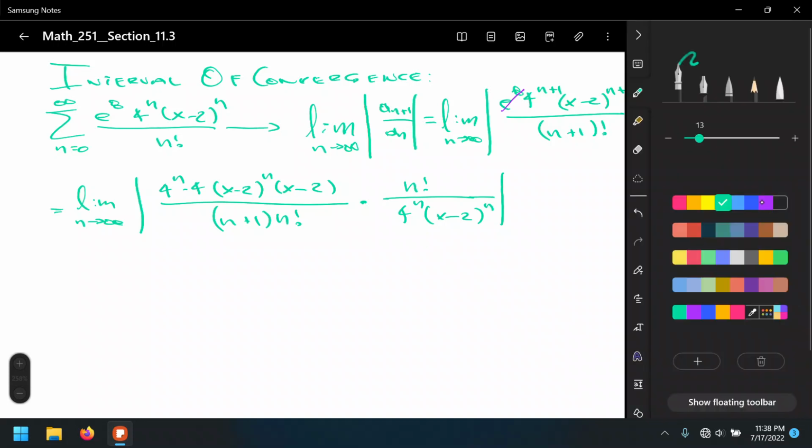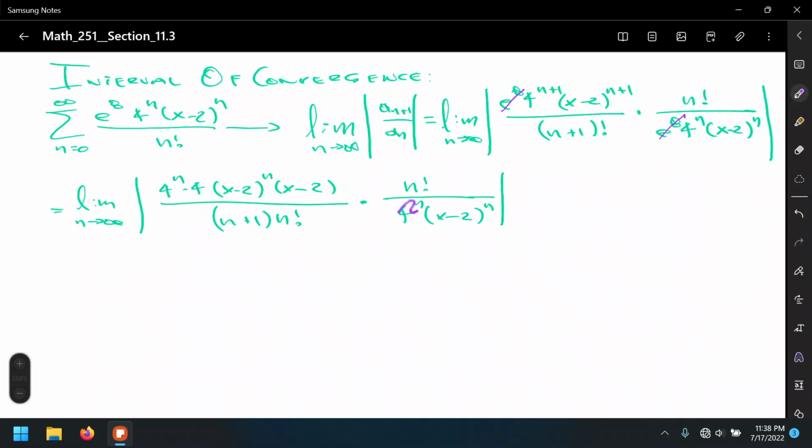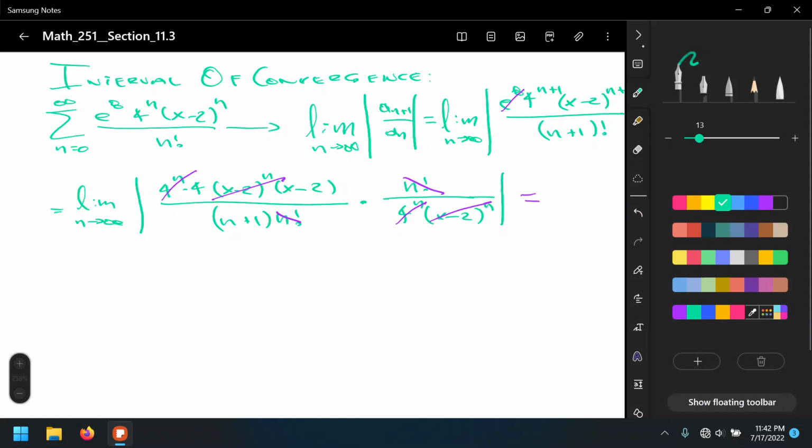Alright, let's now actually divide out factors: 4 to the n, n factorial with n factorial, and also (x minus 2) to the n with (x minus 2) to the n. This will leave us with the following.